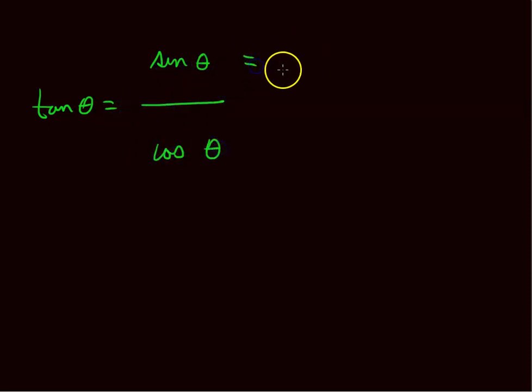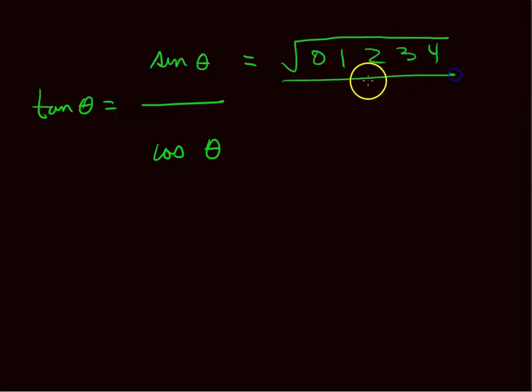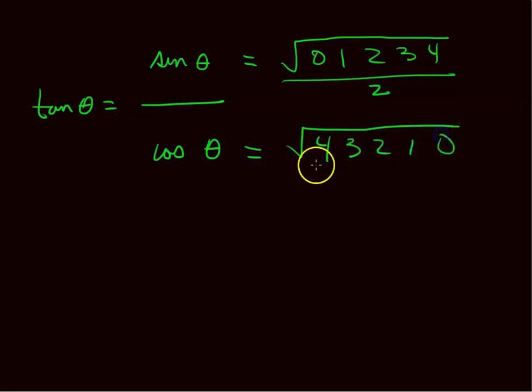one way to memorize this, if we know that the tangent of theta is equal to the sine of theta over the cosine of theta, and that the sine of theta is the square root of 0, 1, 2, 3, 4 over 2, and the cosine of theta is the square root of 4, 3, 2, 1, 0 over 2.